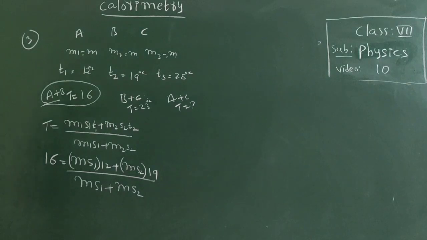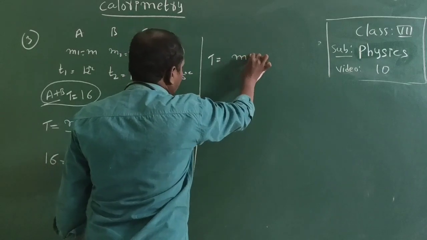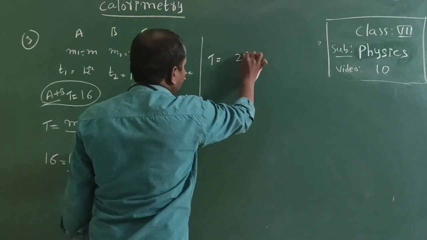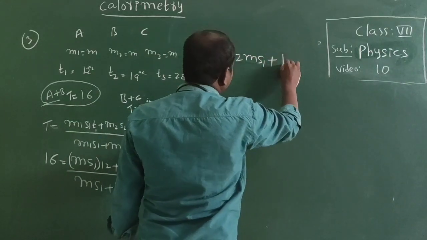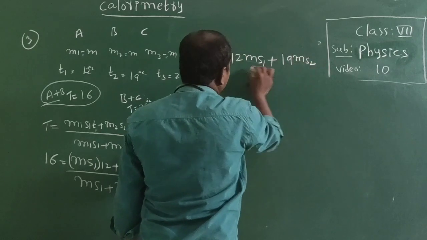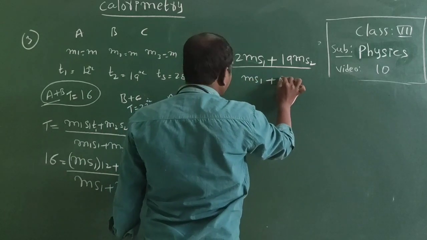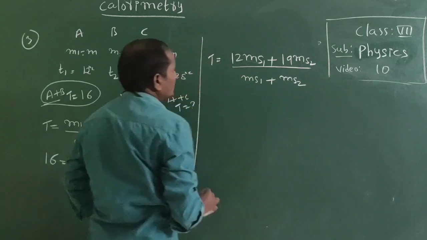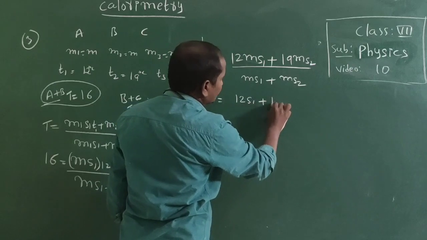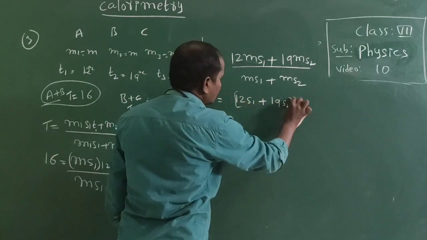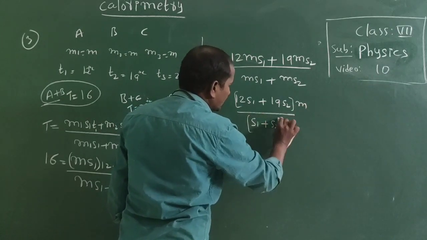So T equal to 12 into S1 plus 19 into S2, into M, by S1 plus S2, into M.